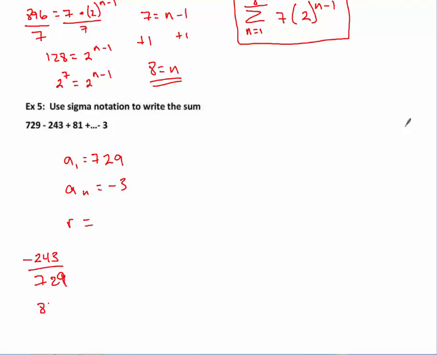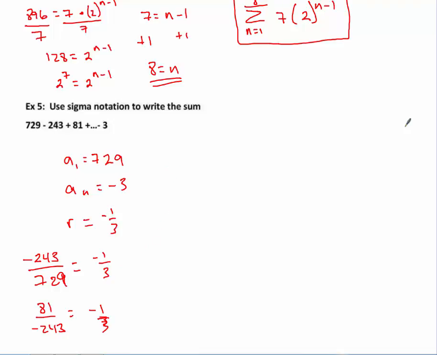Then we do a sub 3 divided by a sub 2. And as long as they're the same, which they come out to -1/3 and -1/3, that's how we know it's a geometric sequence, and that's our r, our common ratio.